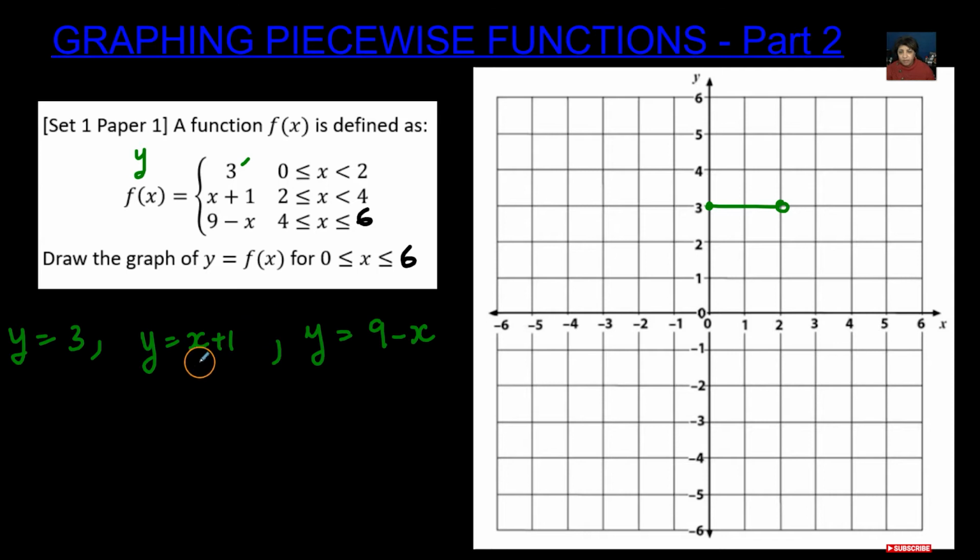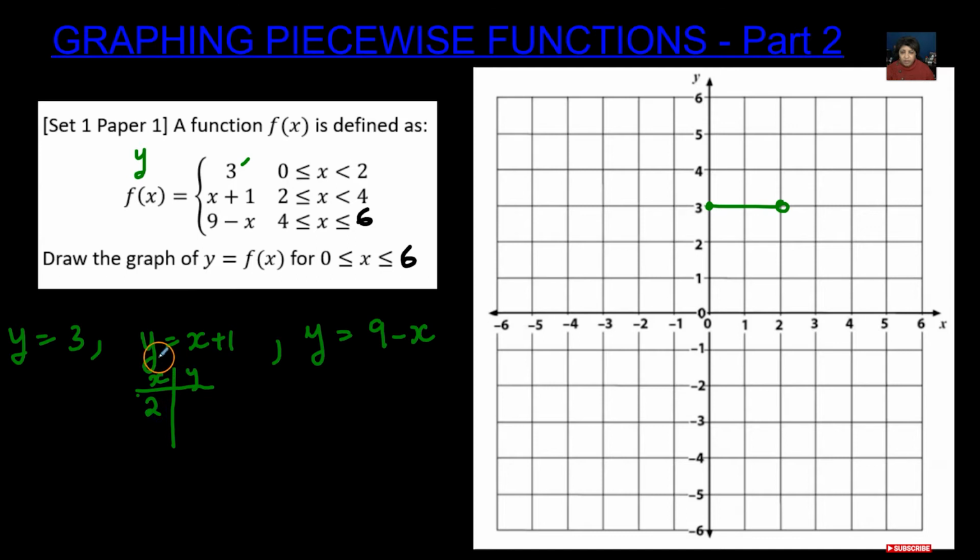And now for the second piece of function, we have y equals x plus 1, and that is applicable when x is greater or equal to 2 and less than 4. So what we can do here is just do a little table. We've got x and y. Now we can start with the values that we have. We've got x greater or equal to 2, so we're going to make x equal to 2.